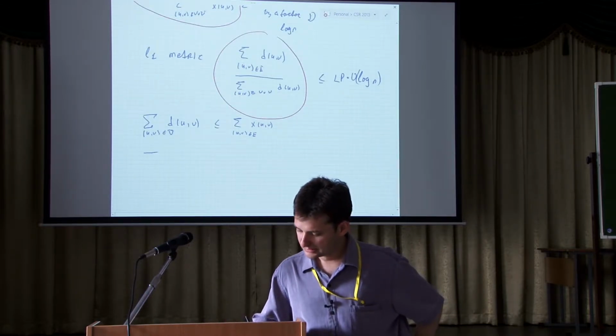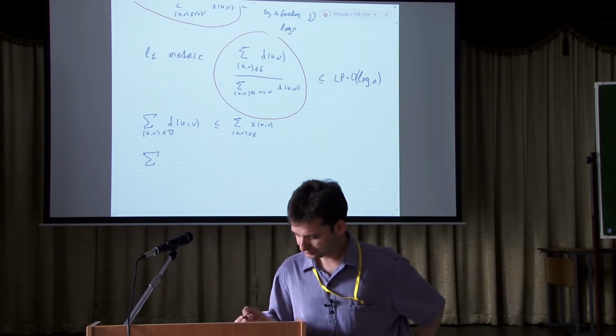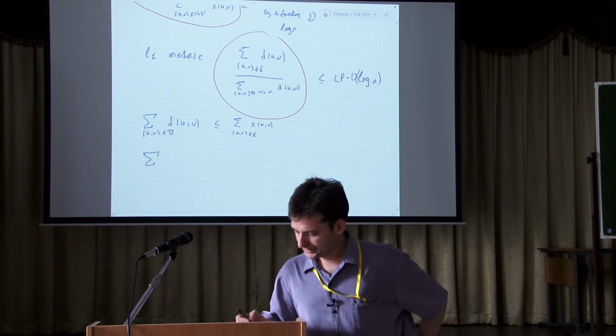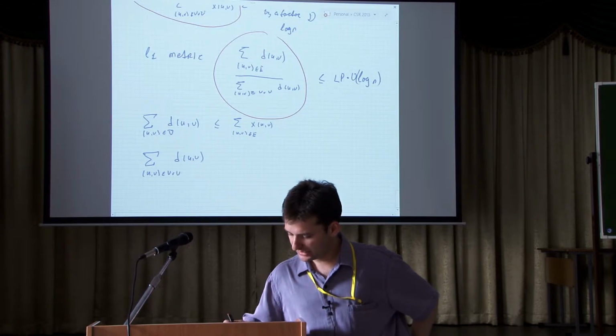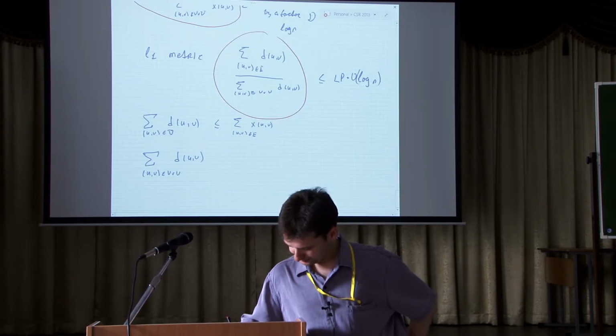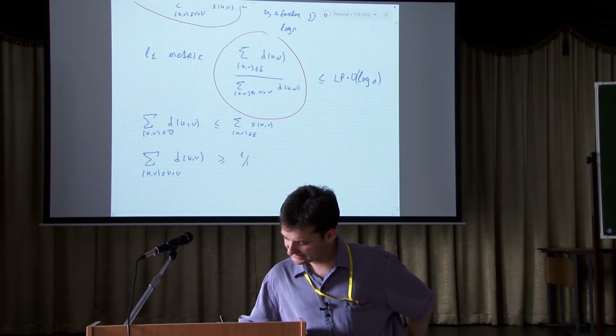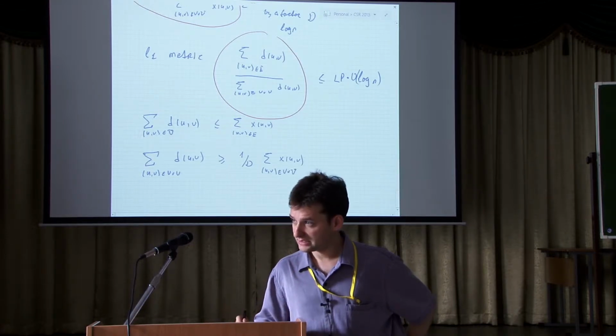On the other hand, for the distances d_uv, if you look over the summation over all pairs, we can bound them from below by 1 over d times the summation of x_uv.